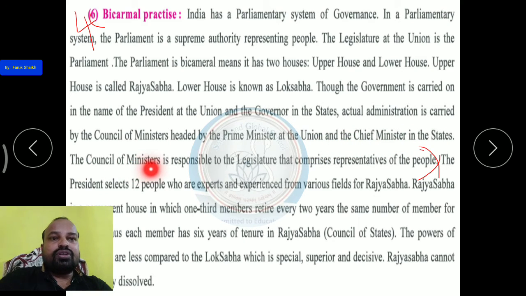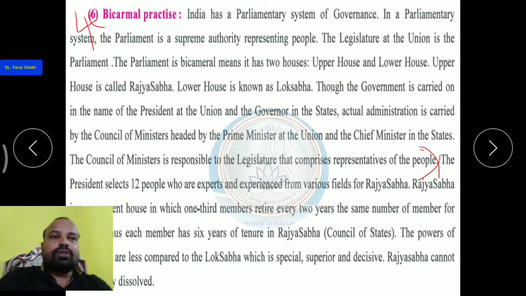The council of ministers is responsible to the legislature, which comprises representatives of the people, including the MLAs.